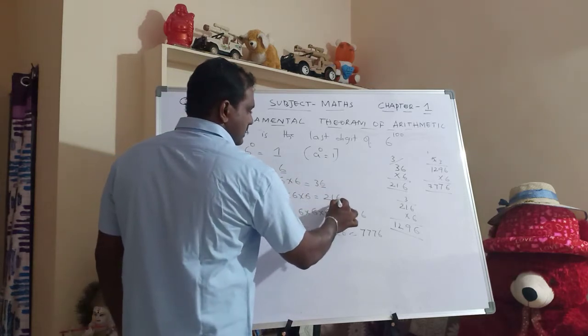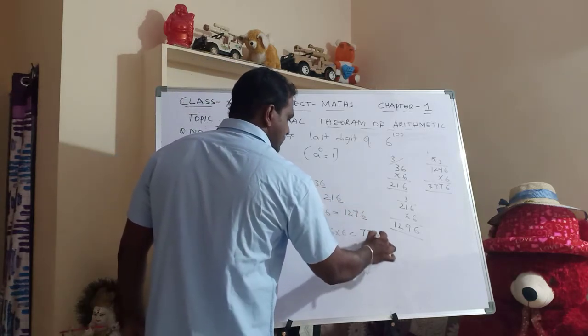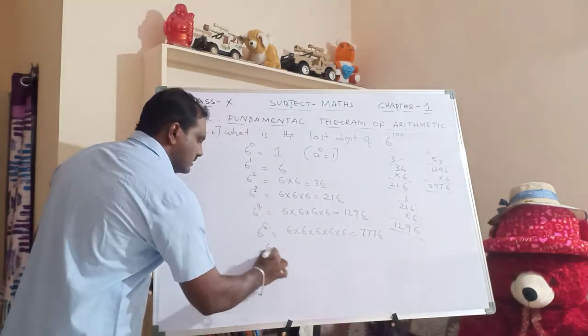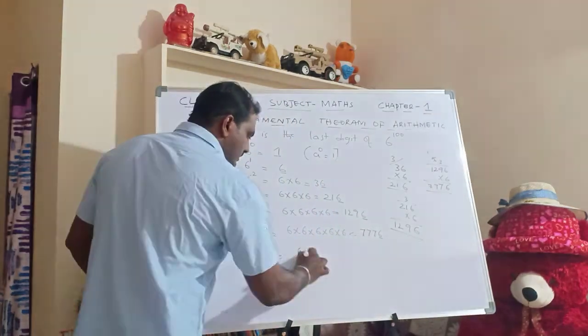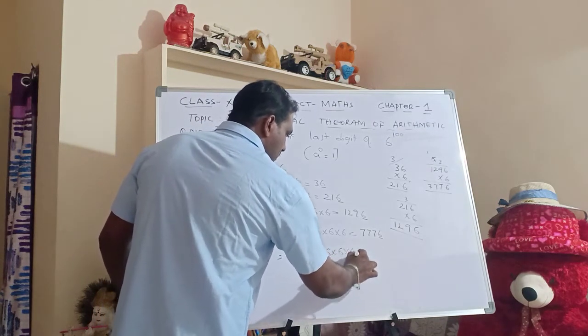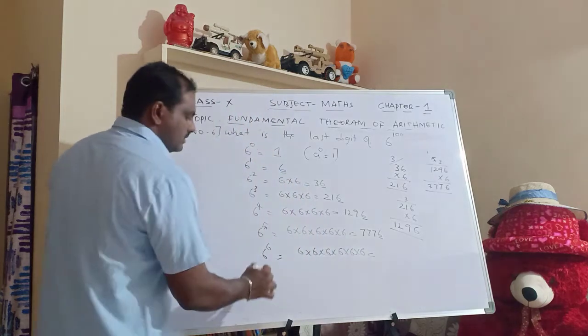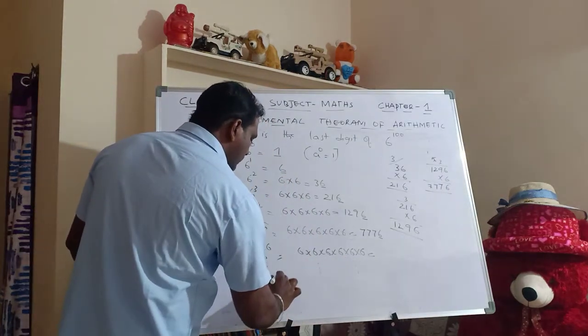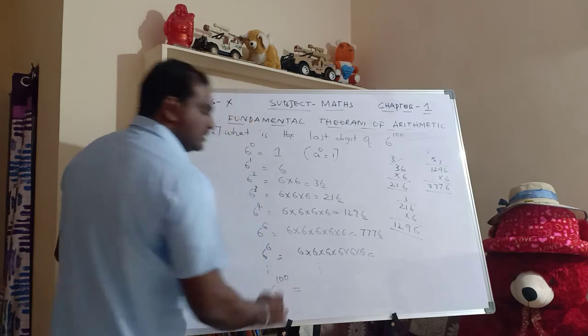Here 6. Here 6. 6 and 6. Now what is 6 power 6? Same, 6 into 6 should be multiplied how many times? 6 times. Now if it goes on, what is the question given? 6 power 100.